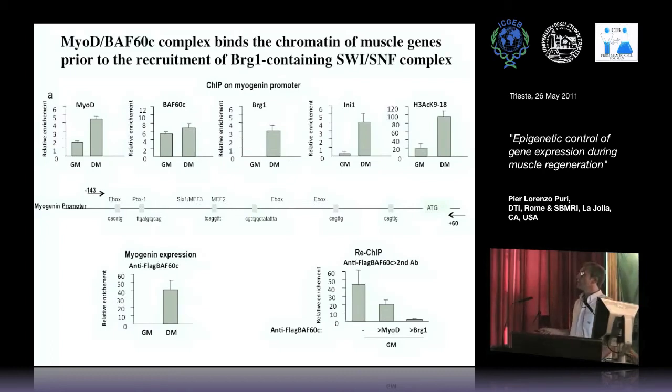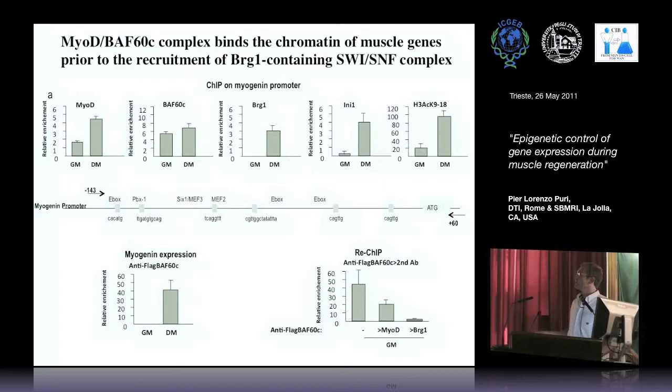So when we did the chromatin immunoprecipitation on a typical MyoD target gene, myogenin, we observed that in myoblast, before the activation of myogenin, MyoD and BAF60C could already be detected on the chromatin of myogenin, but BRG1 and another constitutive component of the SWI/SNF complex, INI1 or BAF47, were not detected.